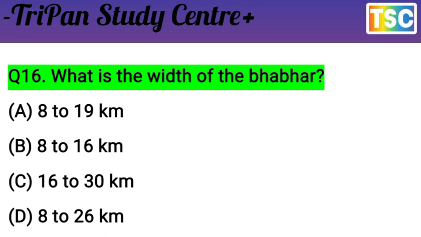You know that the question is very clear and important here, because what is the width of the Bhavar? One important fact here: a narrow belt lying parallel to the Shivalik is known as the Bhavar.